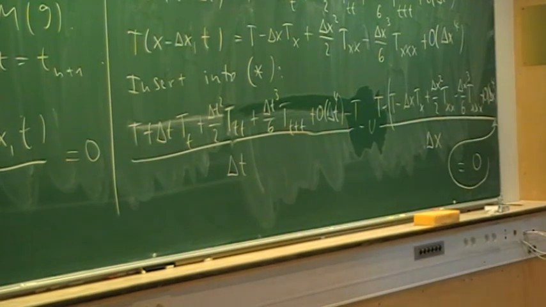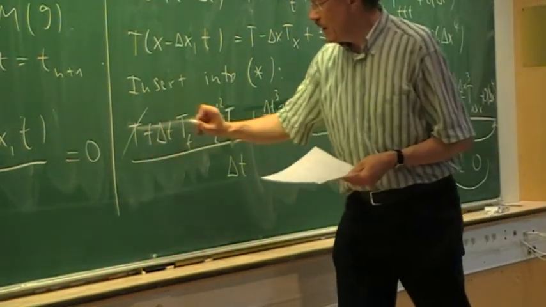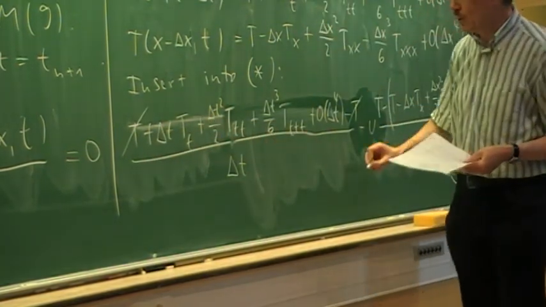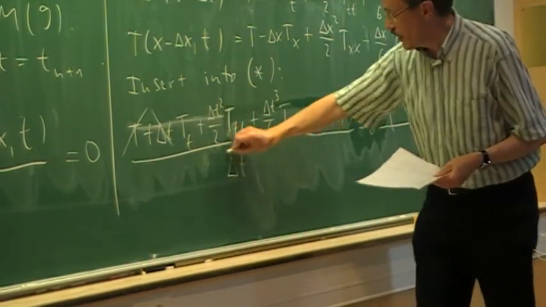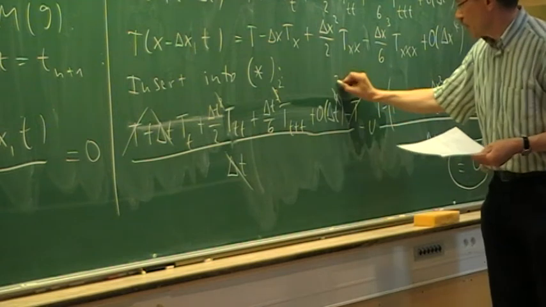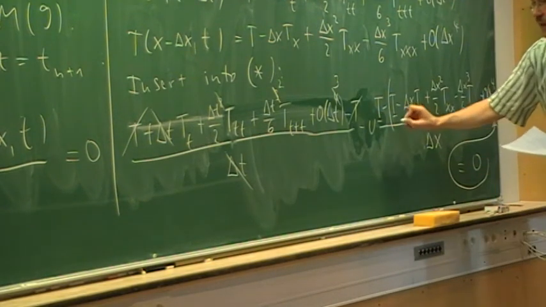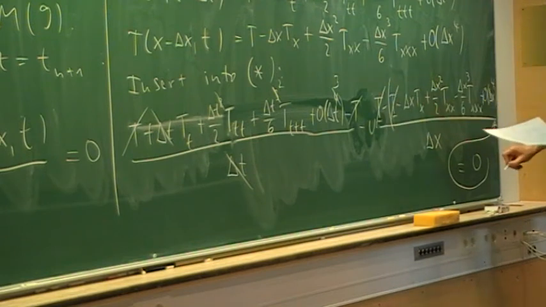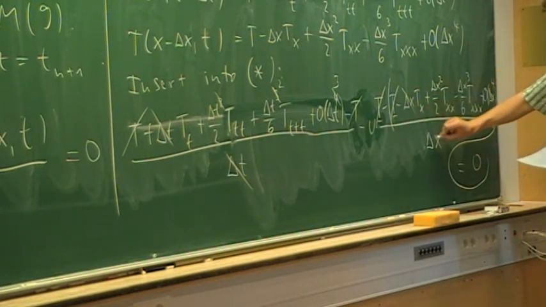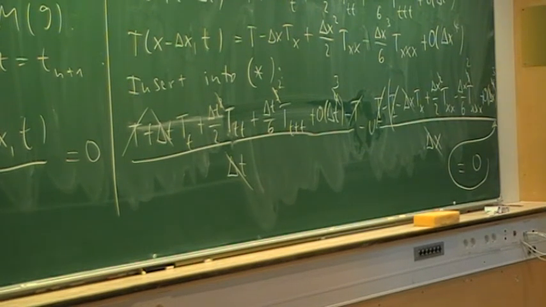Now we see a lot cancels. That is the purpose of that. So the t and this t go. We can divide by delta t and reduce then the order here. Here the t and t, they cancel. We can divide by delta x and get here then order 3 in that case.